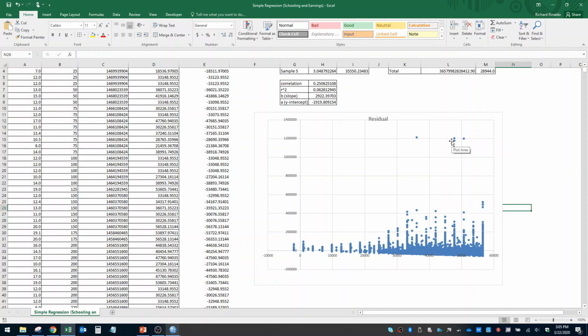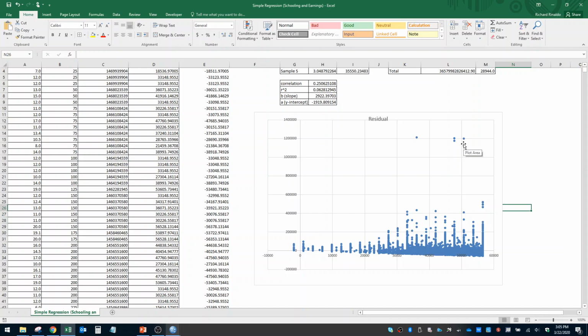But I can look over here, my residuals are fairly high. So I have a 1.2 million outlier here. So that's a positive one. I grossly underestimated what the income should be because the residual is so high. The person was predicted to make roughly $50,000, and my residual is 1.2 million based on their years of schooling. So I have what's referred to as a problem here in terms of my data.